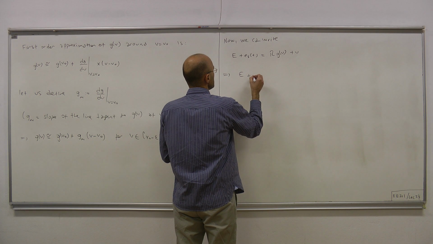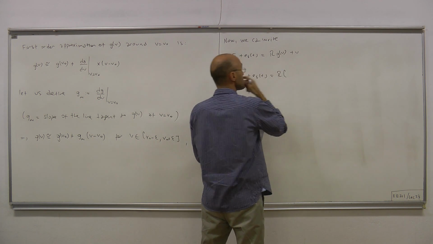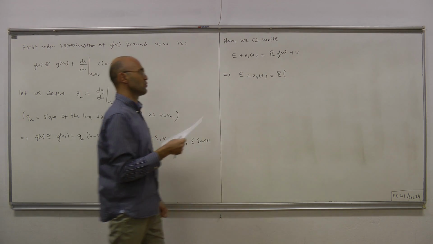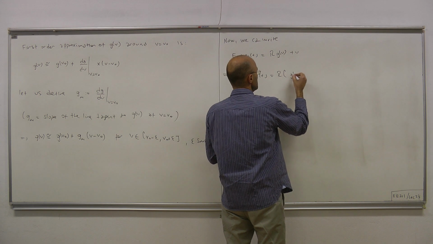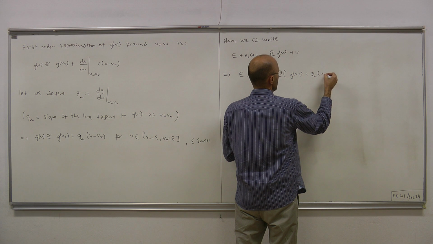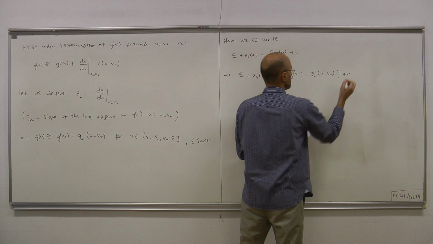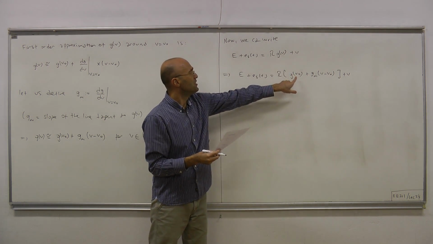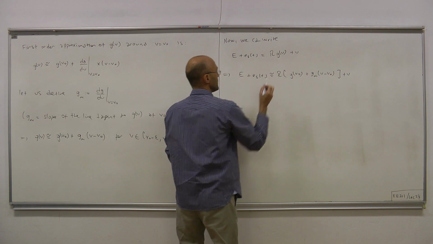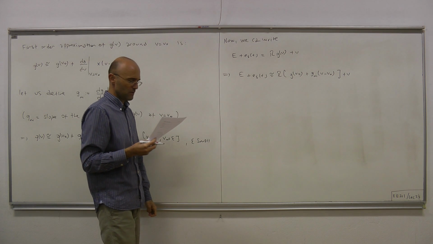So we can write E plus ES of t equals R times, instead of G of V, the approximation of G of V: G V0 plus Gn times V minus V0, plus V. Since this is an approximation of G of V, we no longer have equality, but approximate equality between the two sides.